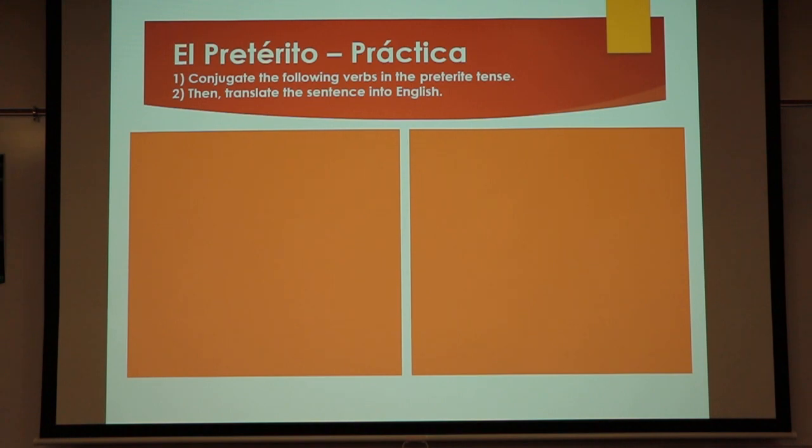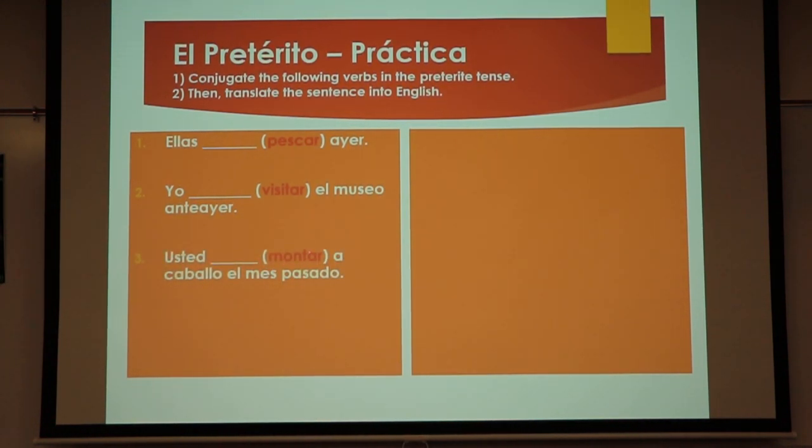So, a little bit of practice. What I want you to do on your own is conjugate the following verbs in the preterite tense. Then translate the sentence into English after you have conjugated. Number 1: Ellas blank pescar ayer. Number 2: Yo blank visitar el museo anteayer.